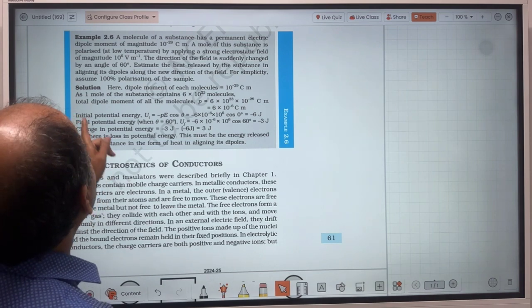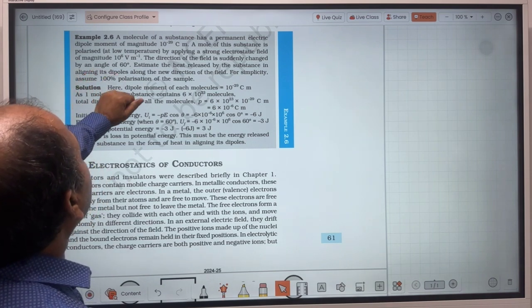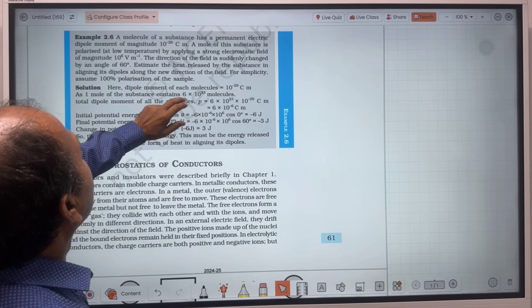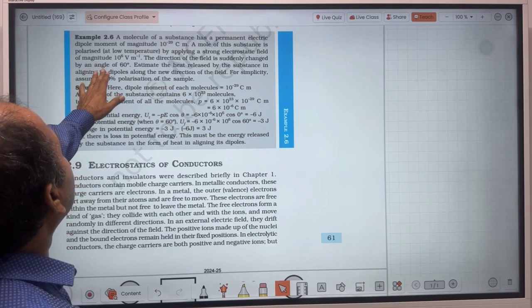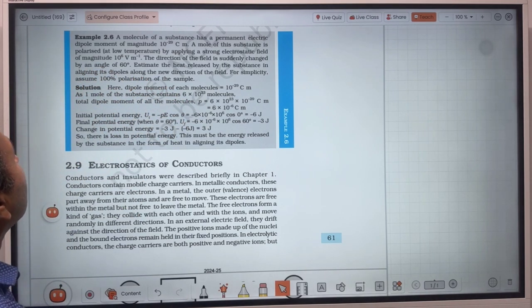A mole of this substance is polarized at a low temperature by applying a strong electrostatic field of magnitude 10 power 6 volt per meter. The direction of the field is suddenly changed by an angle of 60 degrees. Estimate the heat released by the substance in aligning its dipole along the new direction of the field. For simplicity, assume 100% polarization of the sample.